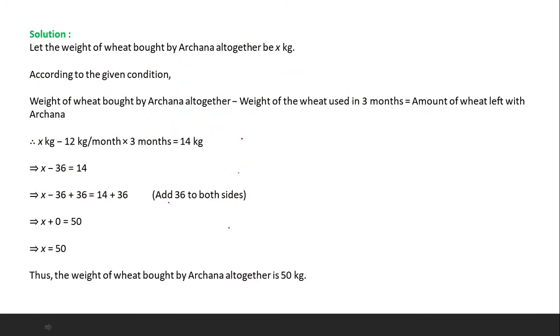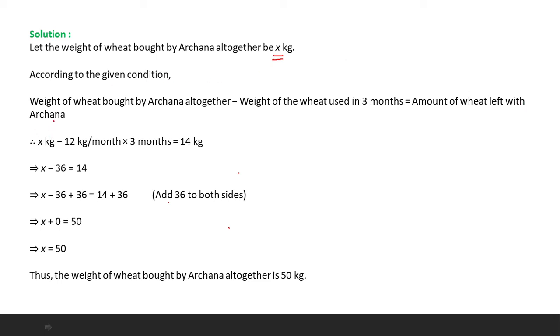We don't know exactly how many kgs of wheat Archana has bought, so we will assume it to be X. According to the given condition, weight of wheat bought altogether minus weight of the wheat she has used in 3 months gives the amount of wheat left with Archana.